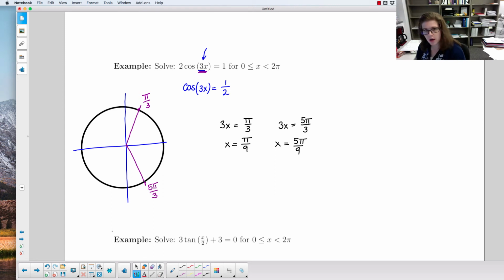One word of caution for when you do problems that have something other than just plain old x in them, at the end you do have to verify that you're still within the 0 to 2 pi domain. So these two solutions are still between 0 and 2 pi, so they're both good solutions, but sometimes you get one that is outside the domain because of this alteration of your x value.